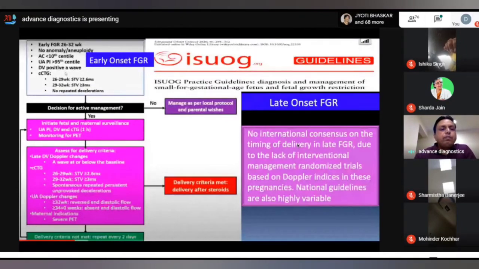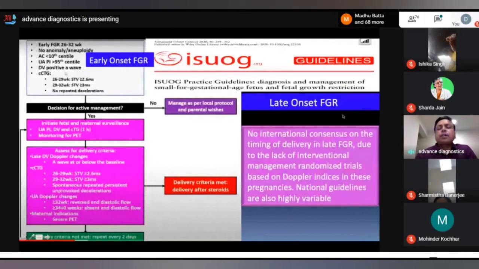If we go for active management of early onset FGR, then we should look for late ductus venosus Doppler changes in the form of A wave at or below the baseline, or umbilical artery Doppler changes: after 32 weeks, reverse end diastolic flow, and if it is more than 34 weeks, then we will look for absent end diastolic flow.